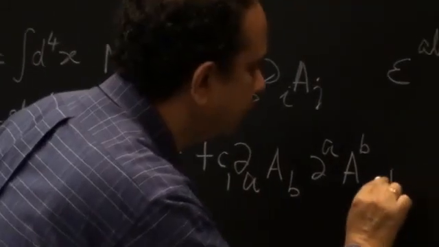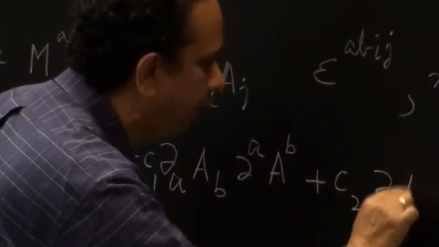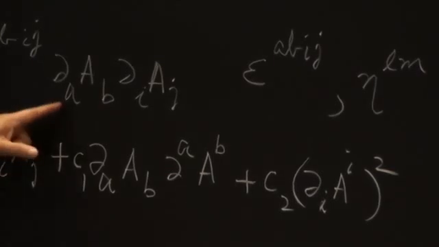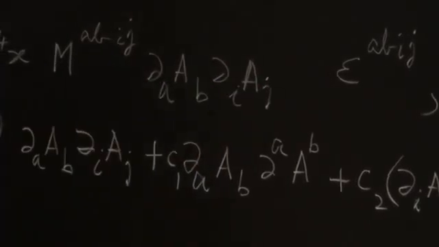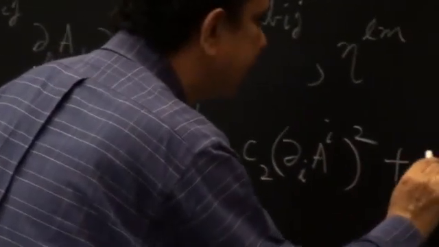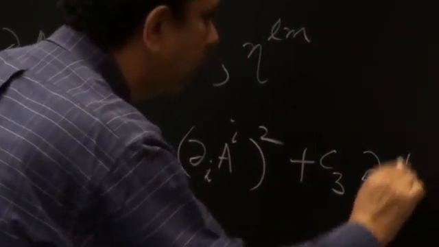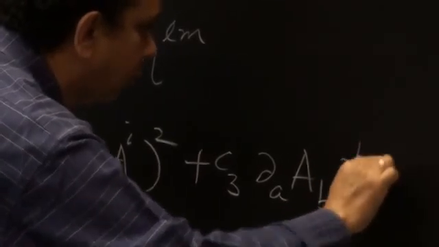So I have another term, which is C2 (∂_i A^i) whole square. These are the only two possibilities. This A can either contract with itself or it can contract with this. Okay, or I can write down the third one, which is C3. There is one more possibility, ∂_A A_B ∂_B A_A. It's just the reverse of this, with a B and this thing.